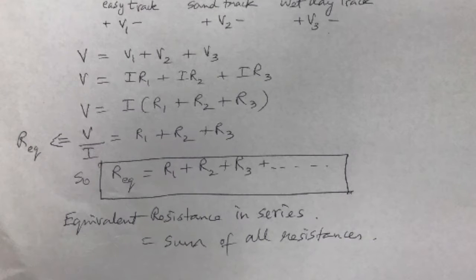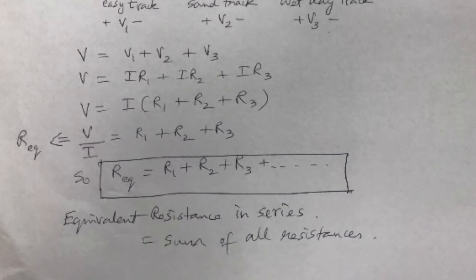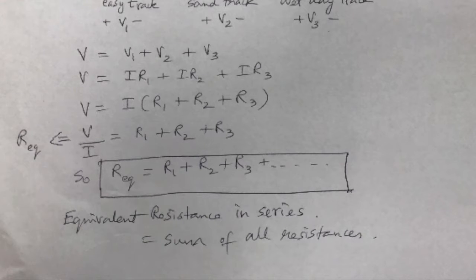On the diagram, I'm just showing only 3 resistors, but you can apply to any number of resistors. So if you have a bunch of resistors in series, then the R equivalent is R1 plus R2 plus R3 plus R4. Just keep adding them up. Understood this?